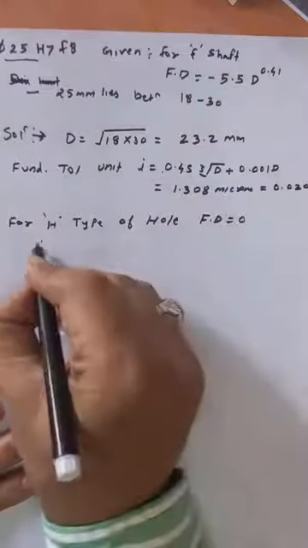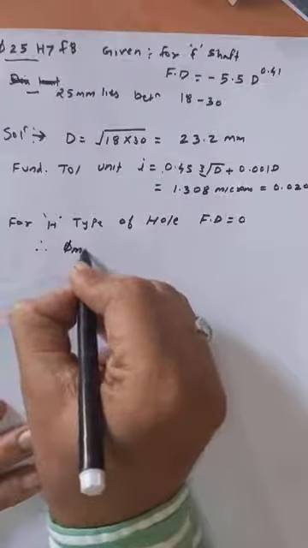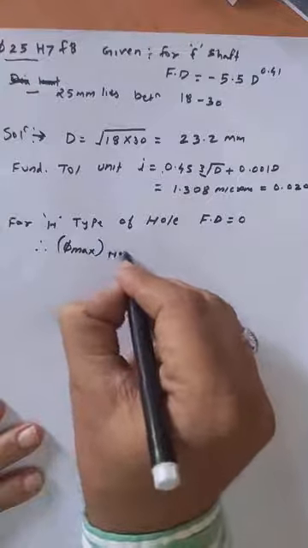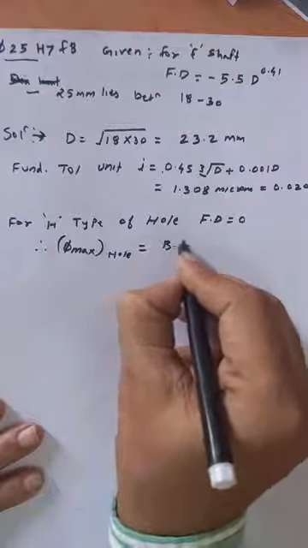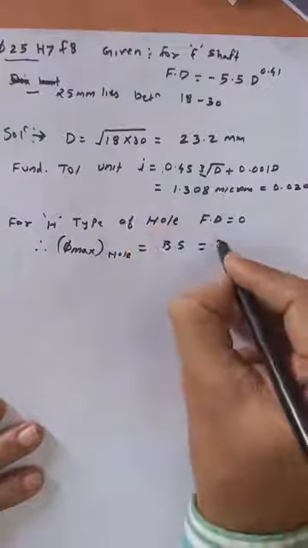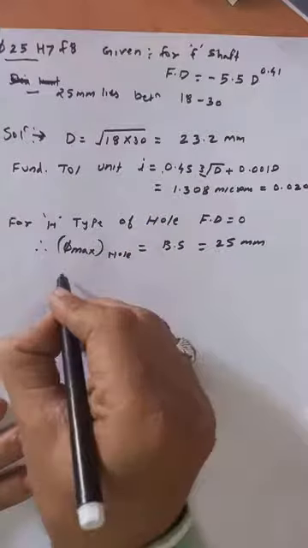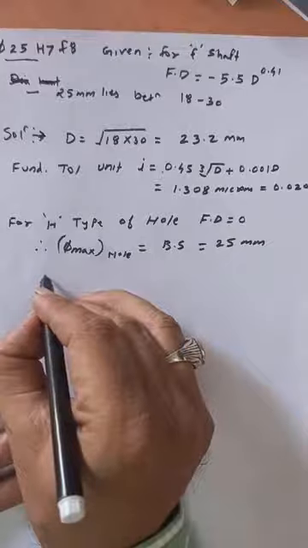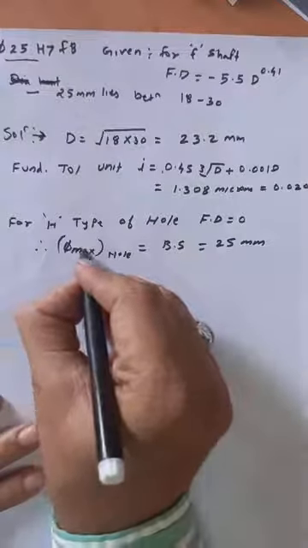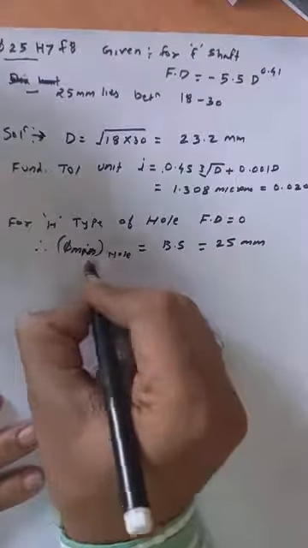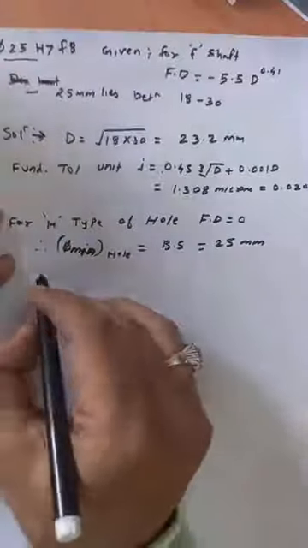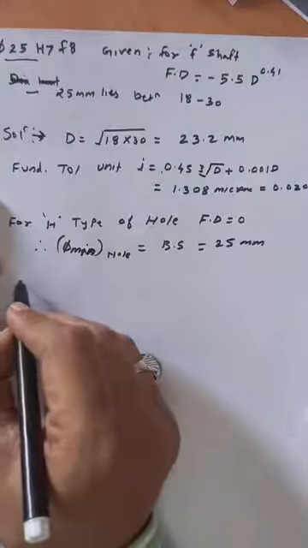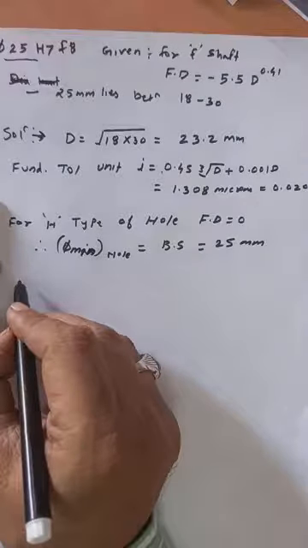So therefore the minimum size of hole is equal to the basic size, and the basic size here is 25 mm, right? Sorry, this is not maximum, this is minimum. The minimum size of hole is equal to basic size. So we have to find out the maximum size of hole. For that we have to calculate the fundamental tolerance.